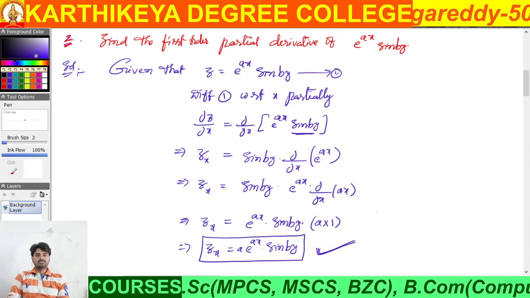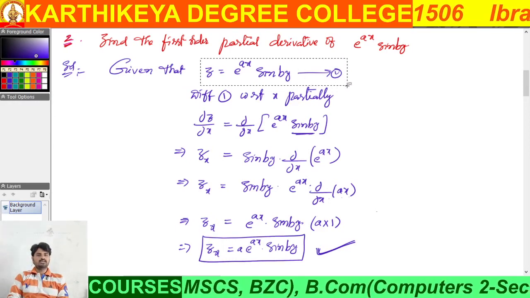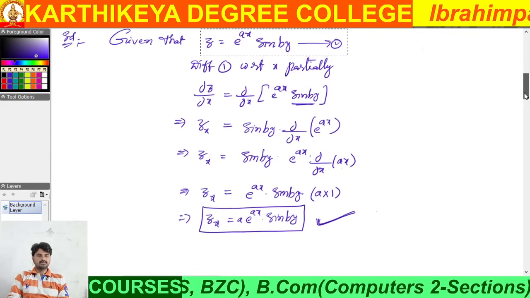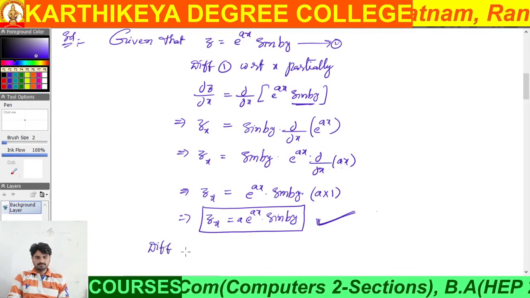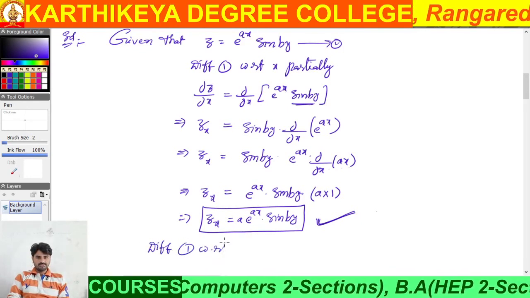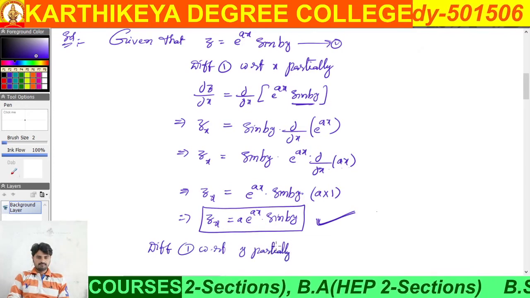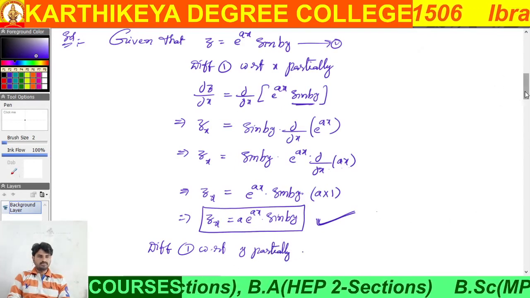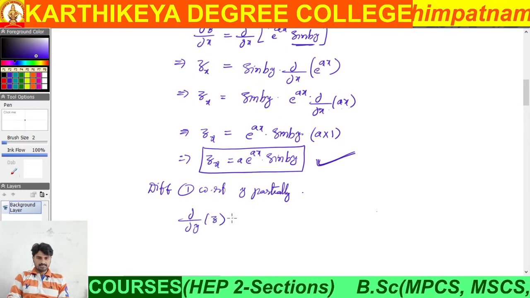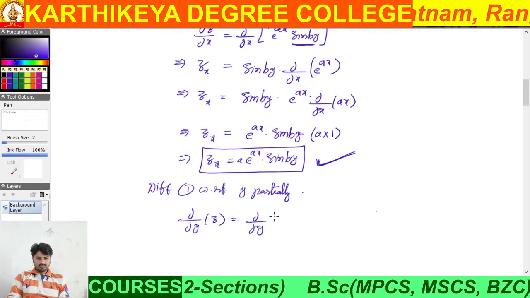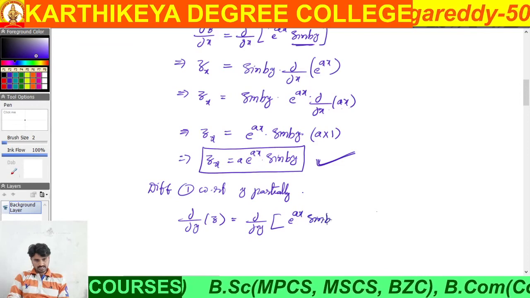Now in the same process we are going to take equation 1 with respect to y. Another first order partial derivative is that one. Differentiating 1 with respect to y partially, we get dou z by dou y equals dou by dou y of e power ax into sin by.